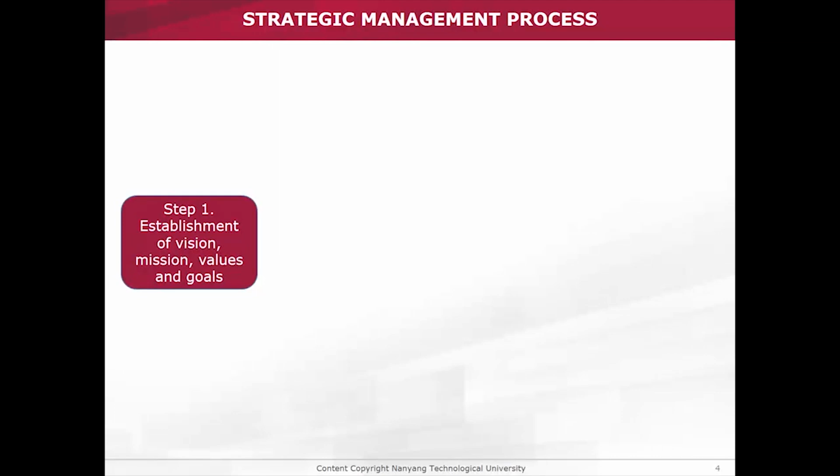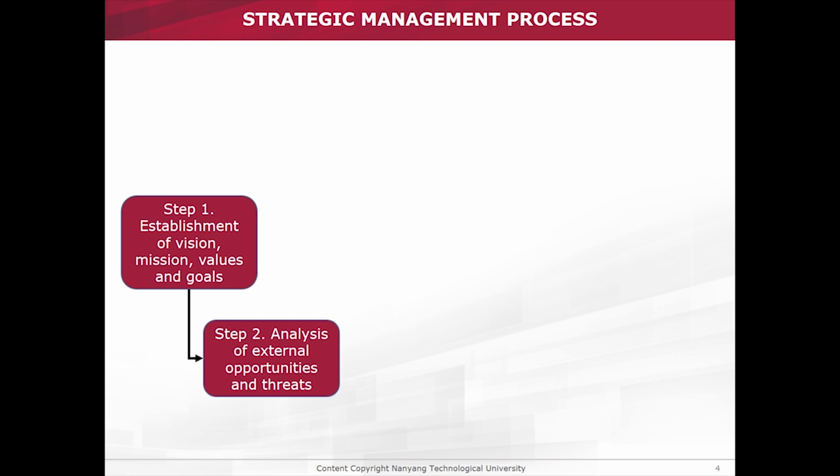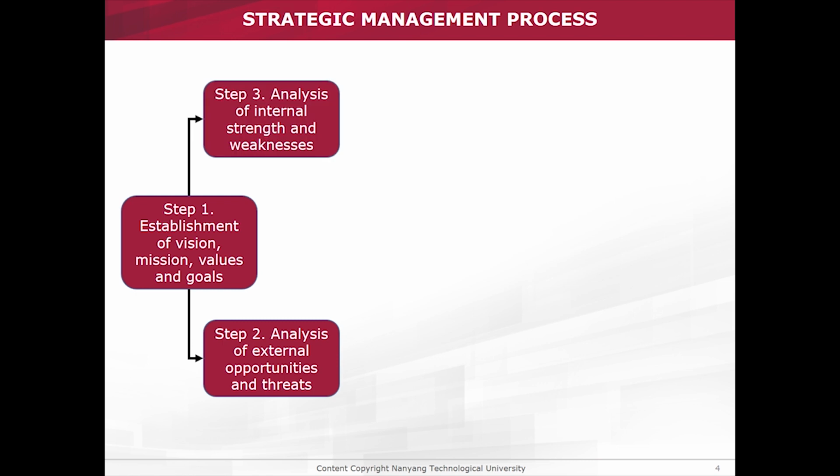The strategic management process is a 6-step process that begins with establishing mission, values, and goals of an organization. Secondly, the external opportunities and threats are analyzed. Third, internal strengths and weaknesses of the organization are analyzed.